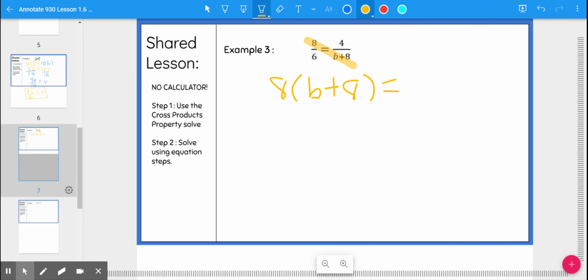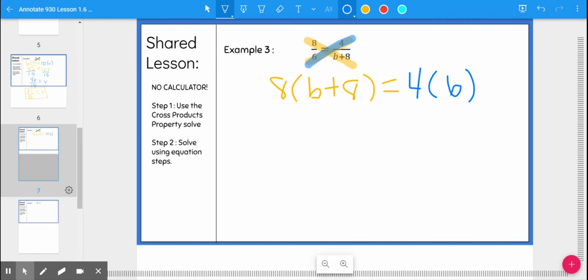And also we need to find the product of the extremes here. And we have 4 times 6. Okay, so now I have 8 times b plus 8 is equal to 4 times 6.